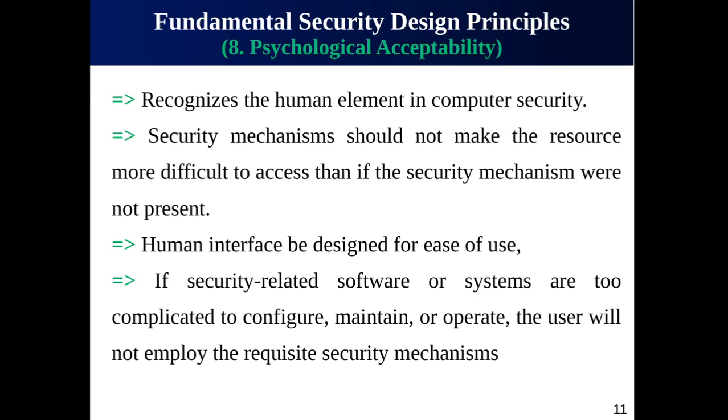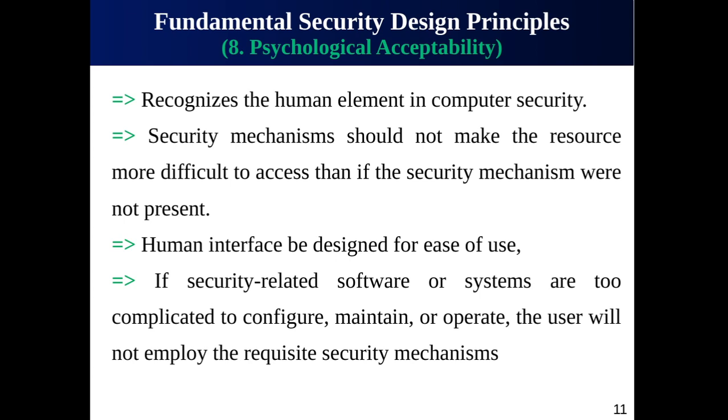So your system must communicate in an efficient way with the user. It will not give clues to the attacker or unauthorized user. In practice, the principle of psychological acceptability is interpreted to mean that the security mechanism may add some extra burden, but that burden must be kept minimum and reasonable.